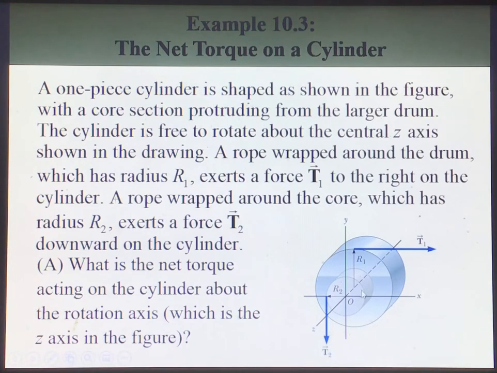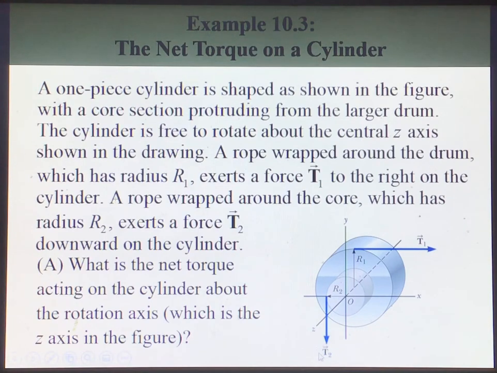Again, because this point is my axis of rotation, notice that this force is at 90 degrees with respect to my axis. So when I calculate the torque, the only thing that I need to remember is that T1 is going to be in the clockwise direction, so this would be a negative torque.